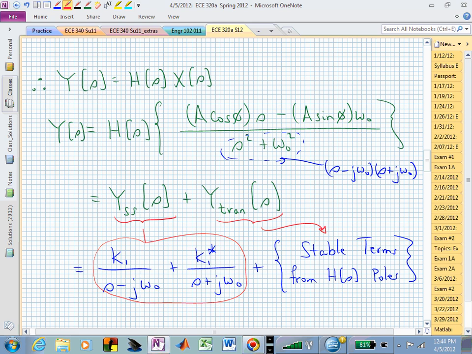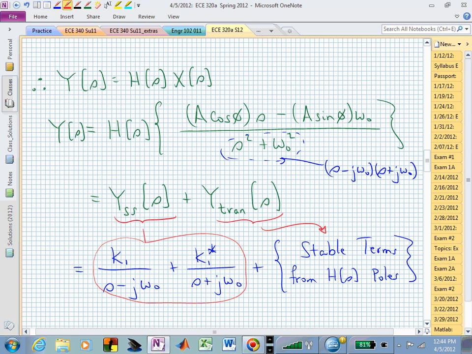What we're going to do is simply forget about those, because those are going to be transient in nature. That's why the subscript tran. Those will decay after 5 time constants, if we approximate the time constant as the slowest time constant. And it may be a little different, but let's for now just say we're going to neglect those terms.